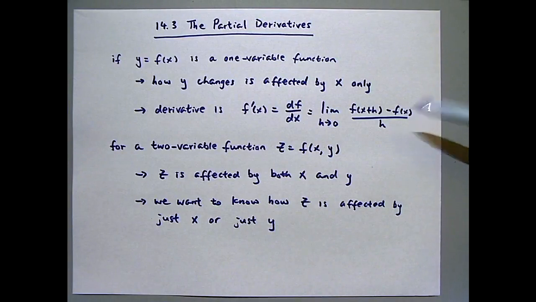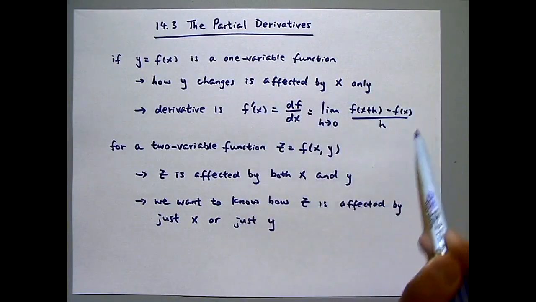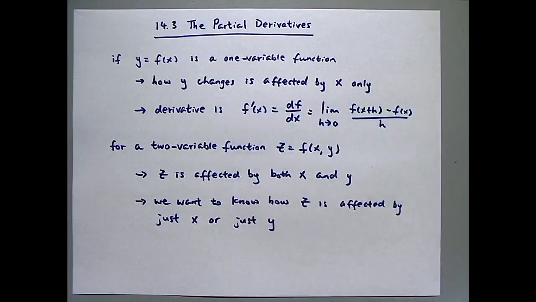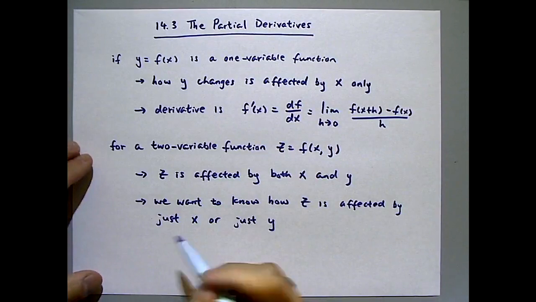And when you take the derivative, if you look at this definition here, now we got two things changing. It's a very complicated thing to deal with. So the idea is to hold one of these variables constant, allowing the other one to change.